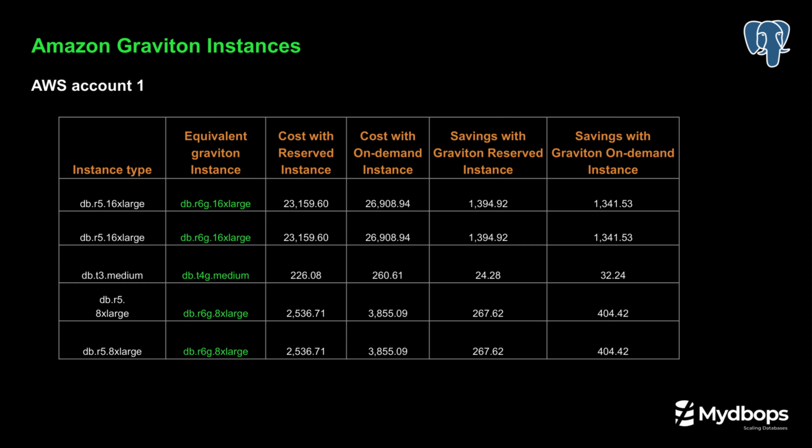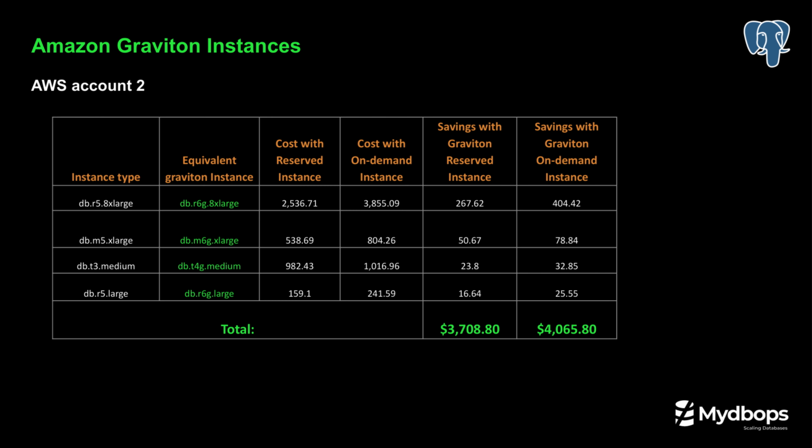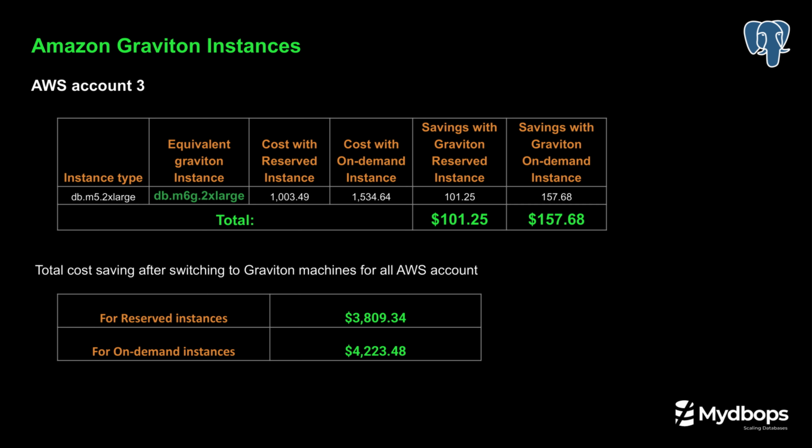So we went through all the x86 architecture machines that we had in the inventory, and we proposed migrating from x86 to Graviton, and here we can see the cost comparison. The same was done across all the accounts, and we can see the savings projection was up to $3,800 to $4,200 per month.